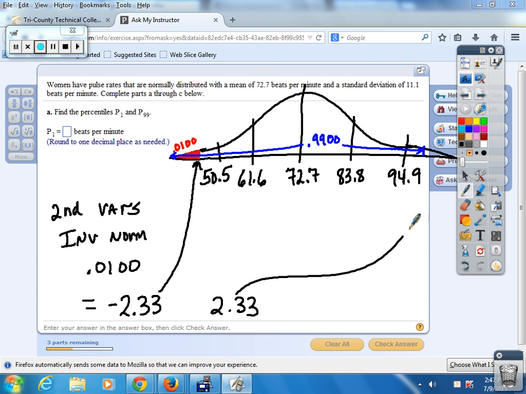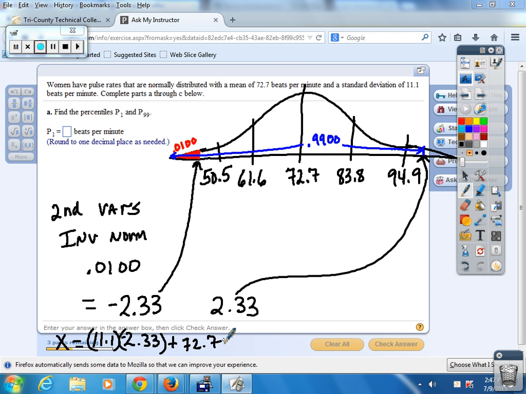And this one is right here. Well, we have a z-score, but that's not what they want. What do they want? They want x. So sigma z plus mu. So standard deviation is 11.1 times negative 2.33 plus 72.7.